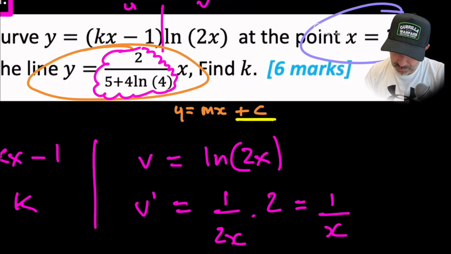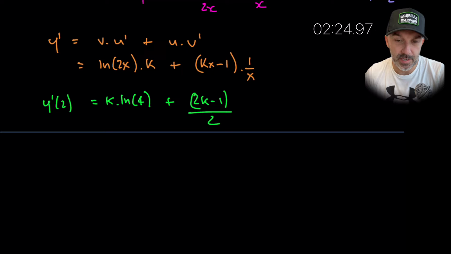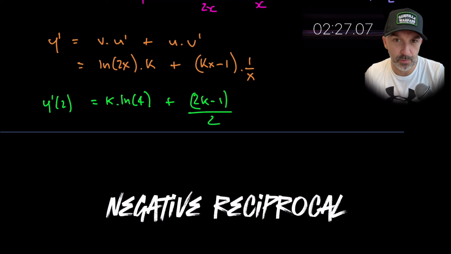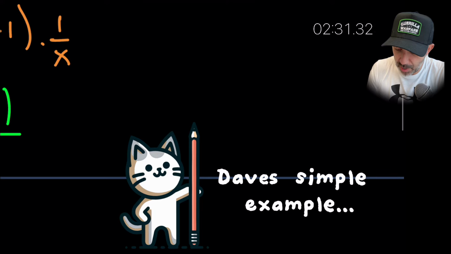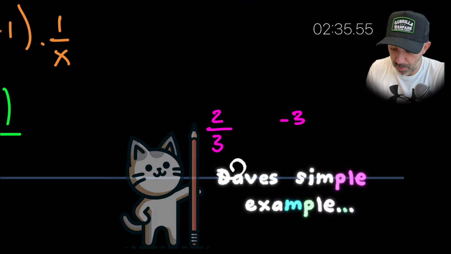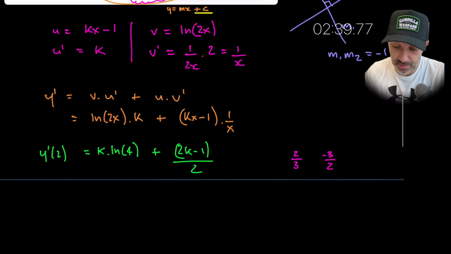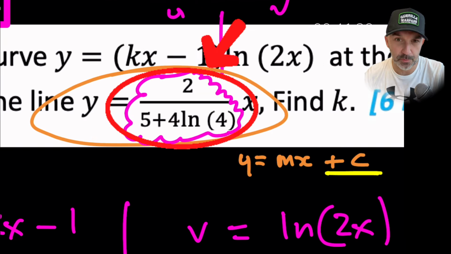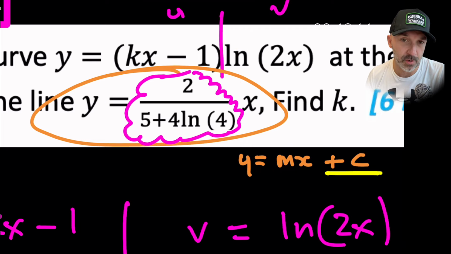Okay, so what we're going to do here is, if I have my gradient in green, my gradient is equal to the negative reciprocal of the other line. So, for example, if one line was 2 over 3, let's say, then the negative reciprocal would be negative 3 over 2. So what I'm going to do is I'm going to take their gradient here and I'm going to flip the fraction, so make the denominator and the numerator opposite, and then I'm also going to add a minus.